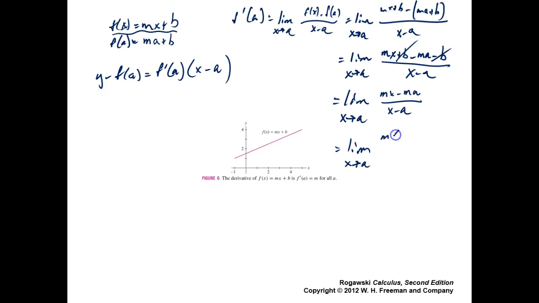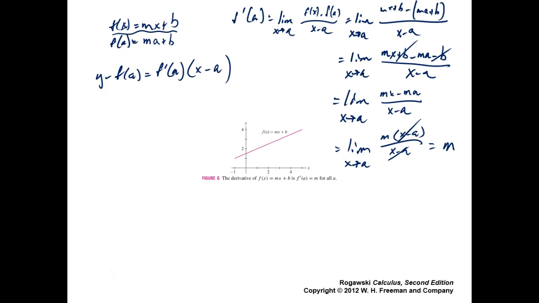Factor out the m. And what does that leave you with? x minus a over x minus a. And guess what? Gone. So this limit is? What's it again? m. Doesn't matter what a is. It's m. It's always m. The slope of a straight line is the slope of the line, which is m.